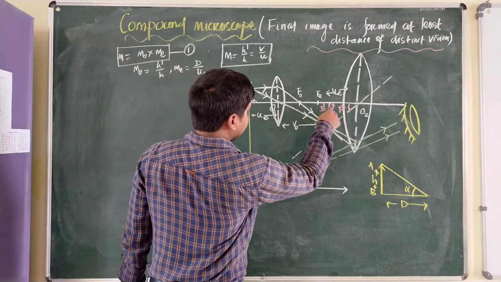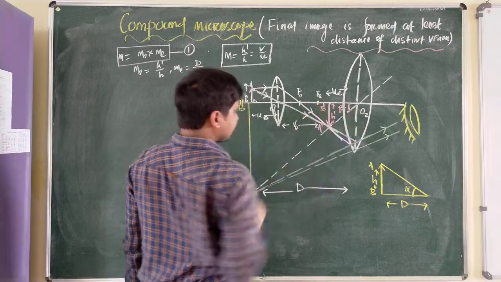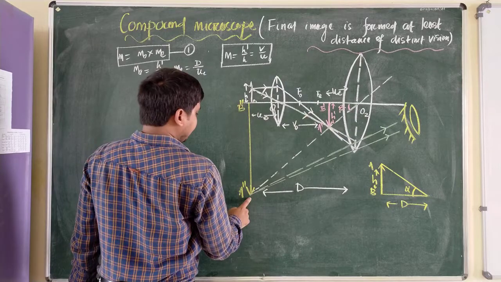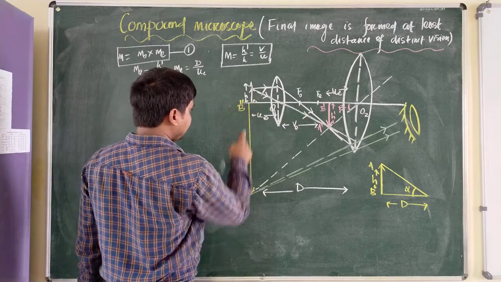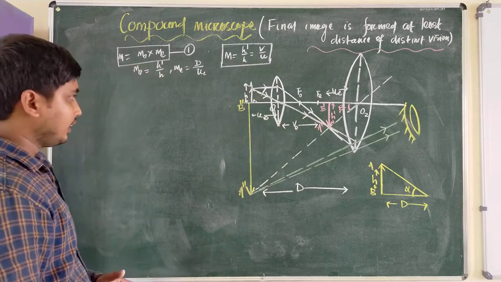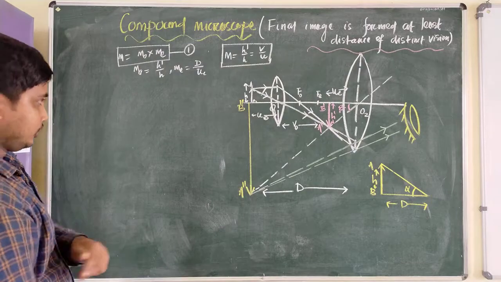The object a prime b prime for the eyepiece is present in between the focus and the optical center, and its virtual, erect and magnified image a double prime b double prime is formed behind the object. Hence, we can say that our eyepiece acts as a simple microscope.